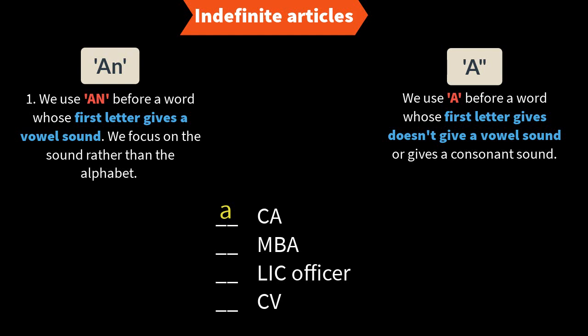Sa is not a vowel. Look at the second word, MBA. When I pronounce it, MBA, it gives a vowel sound. Em, an MBA. He is doing an MBA course, okay? LIC officer, L, LIC officer, I'll use AN before it. An LIC officer, right?